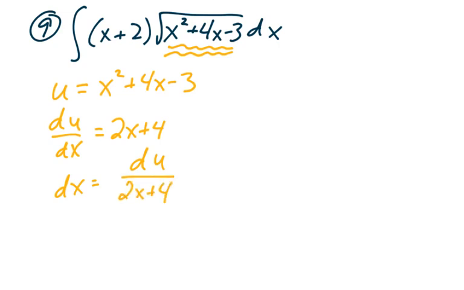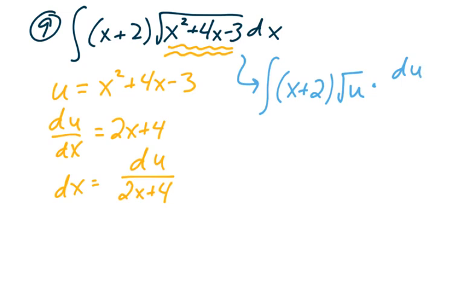And there's that. All right, ready to start subbing in? Let's move over here. This becomes the integral. And now this becomes the square root of just u, because that's my inner function. And dx gets subbed in with du over 2x plus 4.